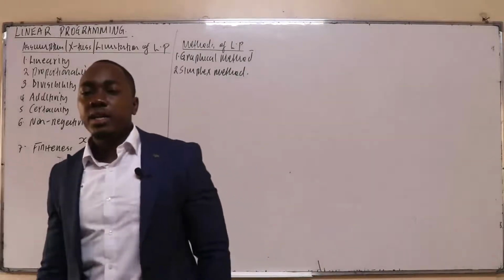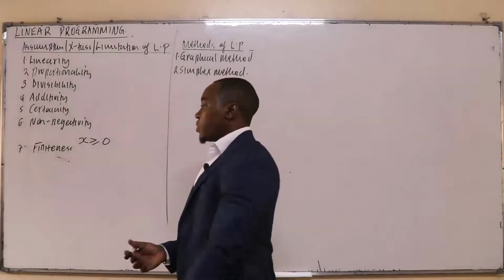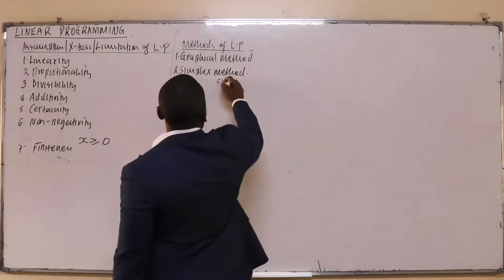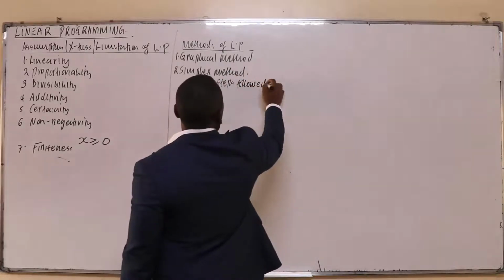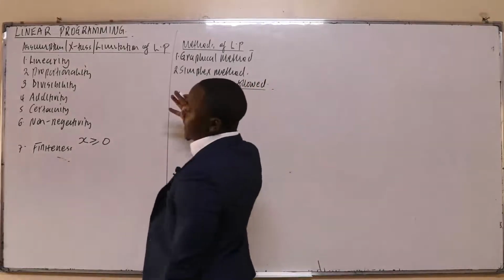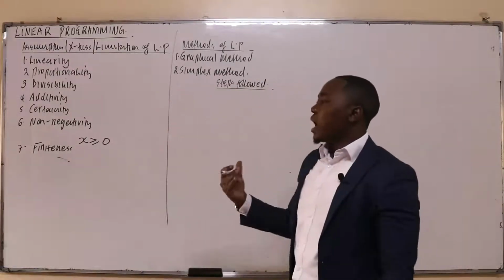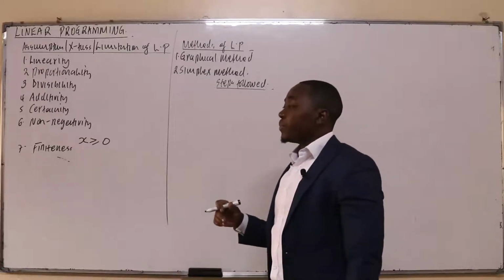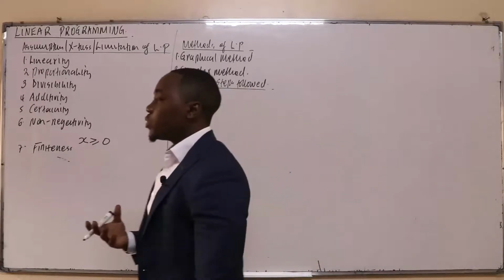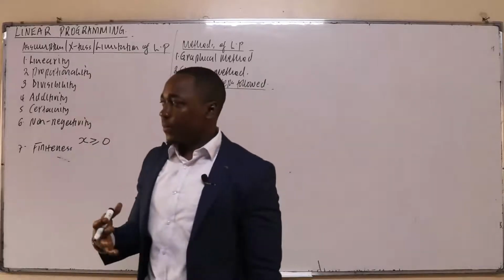Steps followed in linear programming. Remember that linear programming is a technique used to determine how well scarce resources will be utilized. So in linear programming, we are facing what we call constraints or limiting factors.